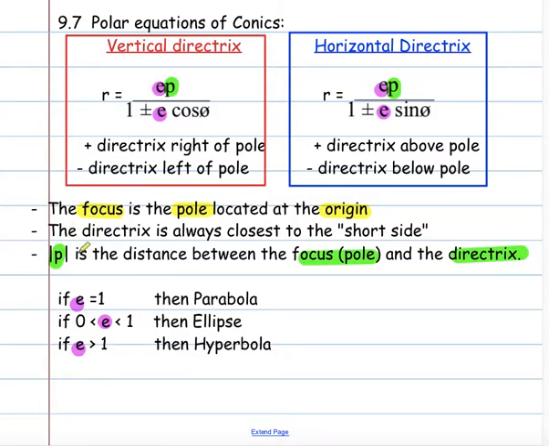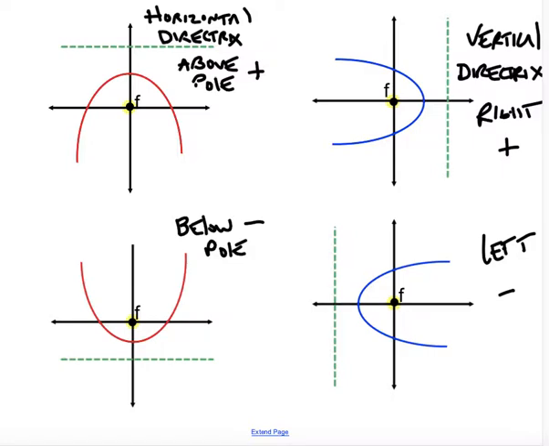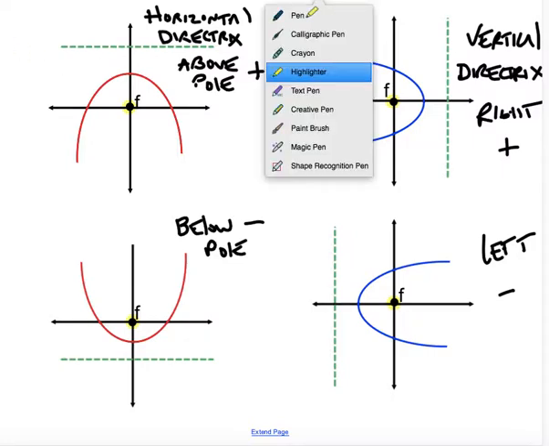Just remember, P is the distance between the focus, the pole, and the directrix. Pole to directrix is P. Let's write that in here.